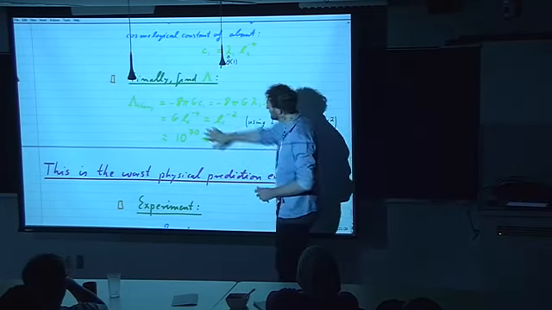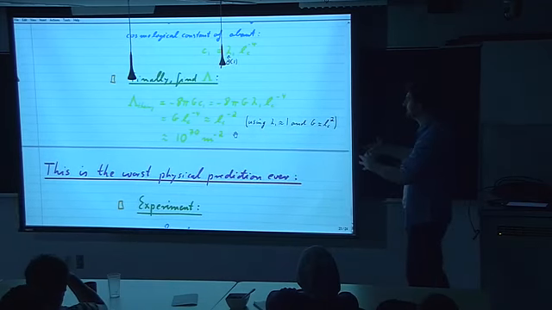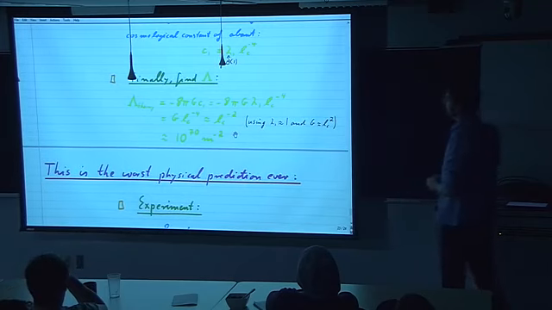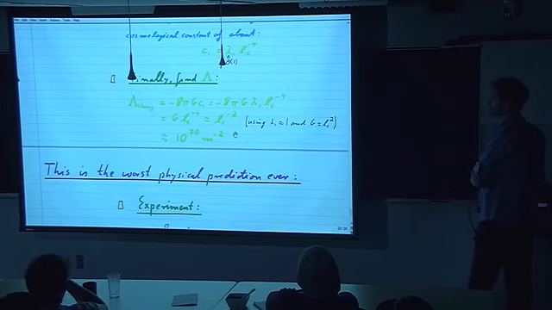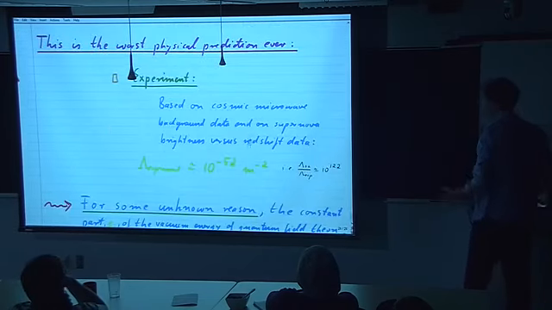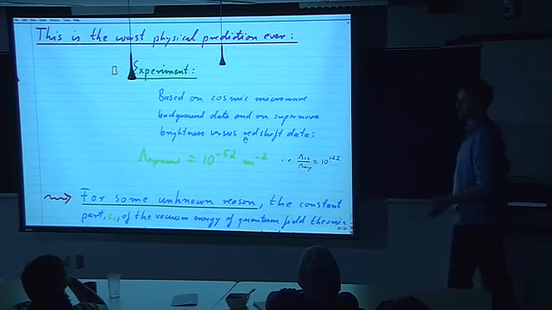This is the expectation from quantum field theory. The quantum fluctuations contribute a constant term to the energy momentum tensor, and that constant term has this size in units of meters, for example. Now, this is the worst physical prediction ever, because you can also measure that.